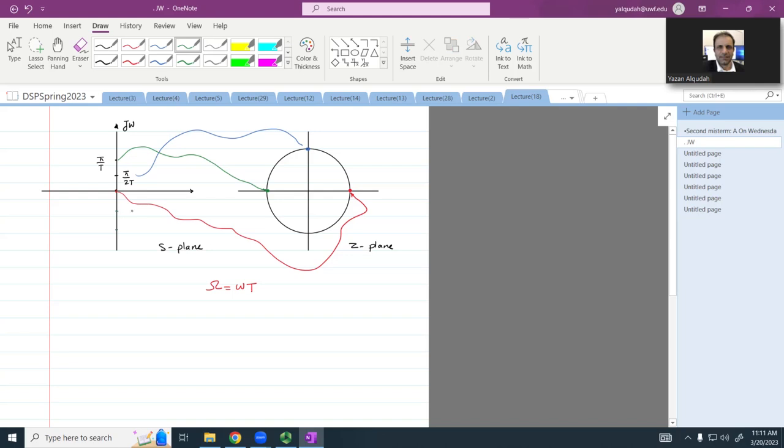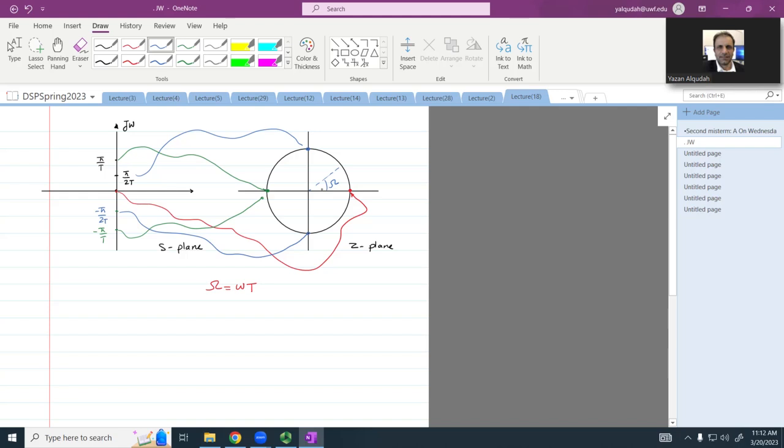If I am at negative pi over T, I'm going to get mapped to this point here. And if I'm operating at negative pi over 2T, I'm going to be operating at this point here. Does that make sense? Again, coming from omega equal to W multiplied by T. And this is our omega.